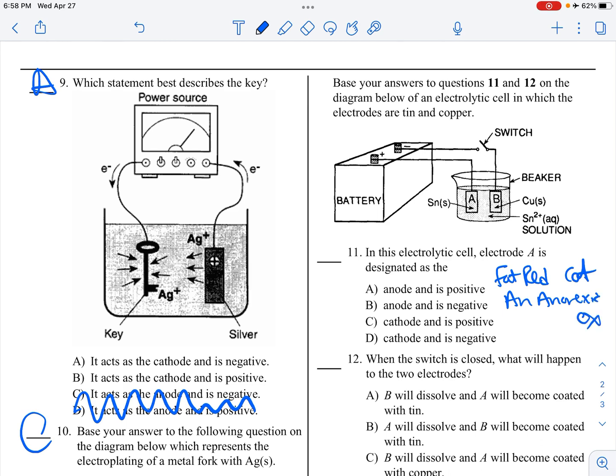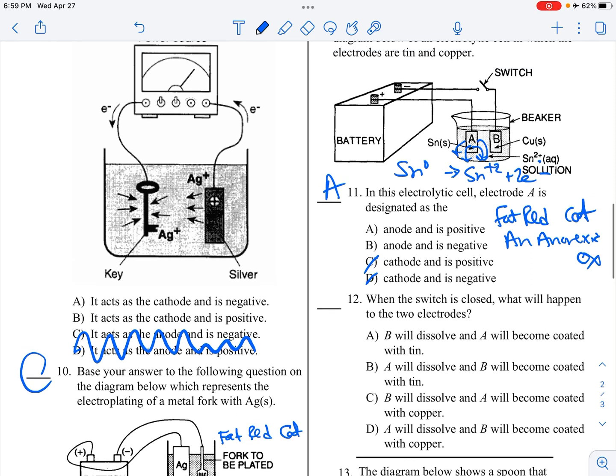If the tin is in solution, that means it's going to keep dumping it in there, so we have tin 0 becoming tin plus 2. You'd have to lose 2 electrons, which means it's oxidation. Oxidation happens at the anode, and remember, the anode is forced to be positive in these cases.